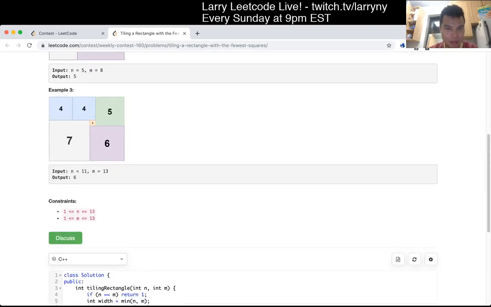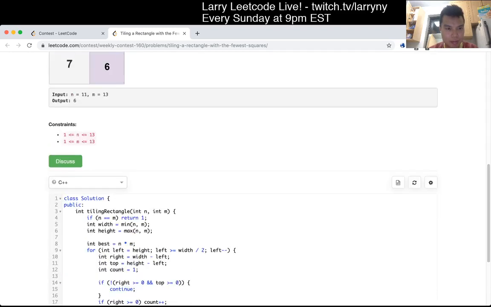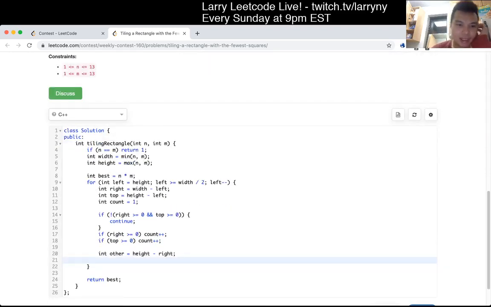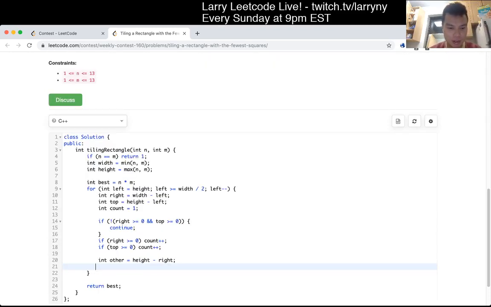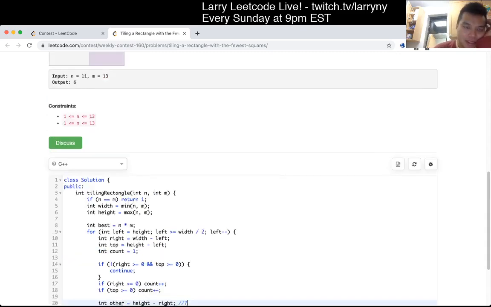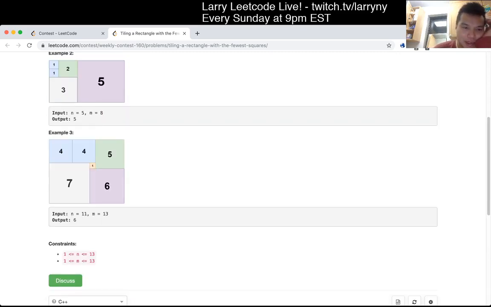No, because then, yeah. So now you have 4 things and you try to tile them. Actually, may not even need this other. I mean, I guess you do in some case, but you try to do the 6 all the way up, 4 all the way up. Maybe.